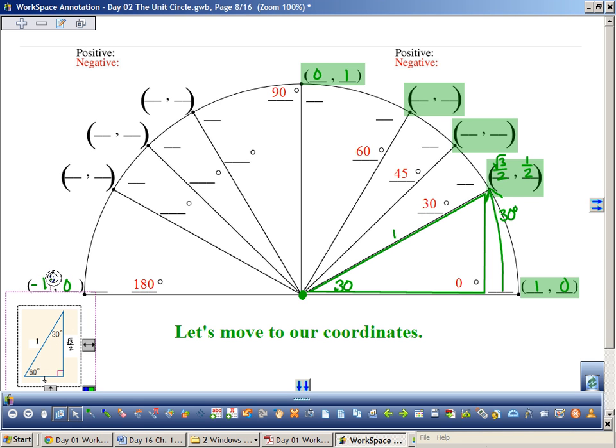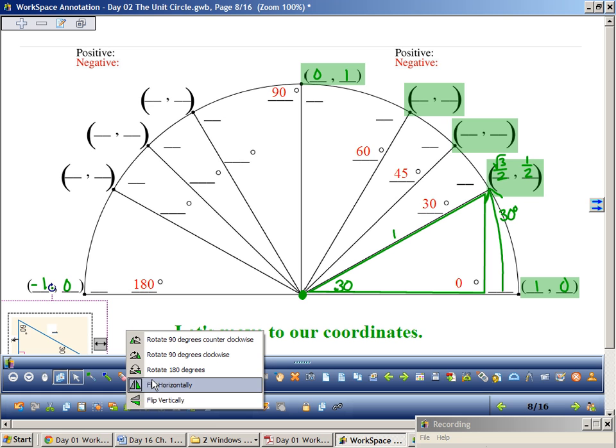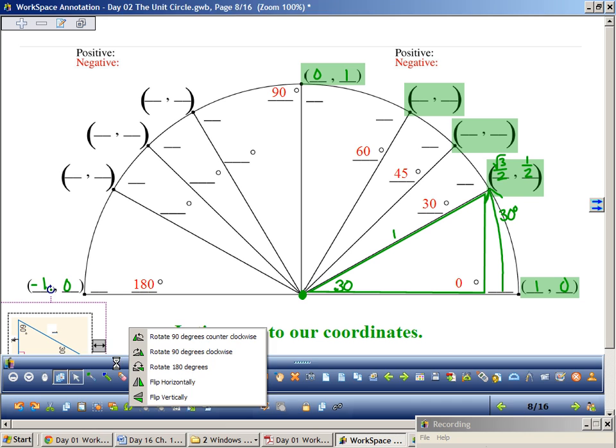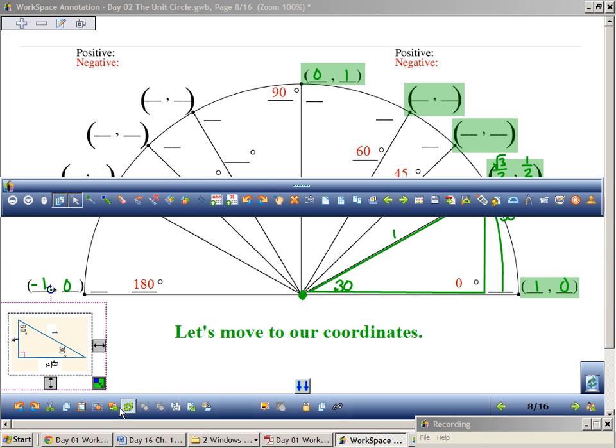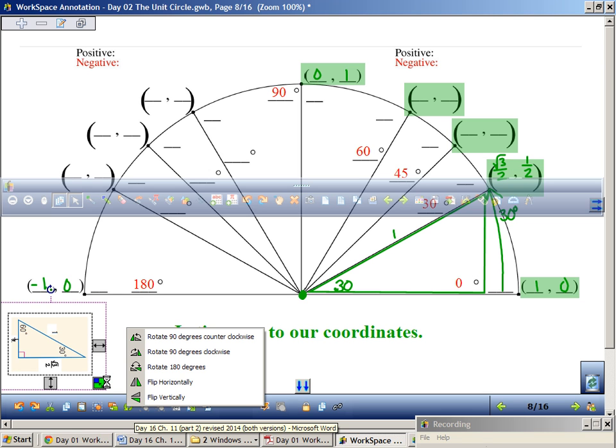I just need to turn it, right? And then it needs to be flipped. Rotate. No, that's not going to work. Rotate it what, guys? Help me out. Oh, you know why it's not letting me?